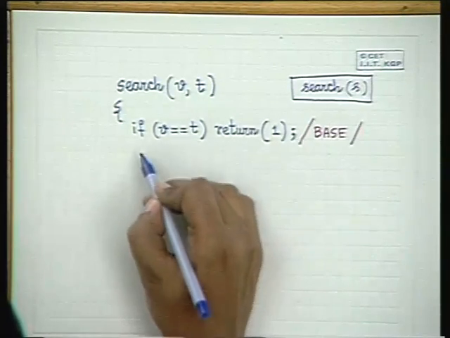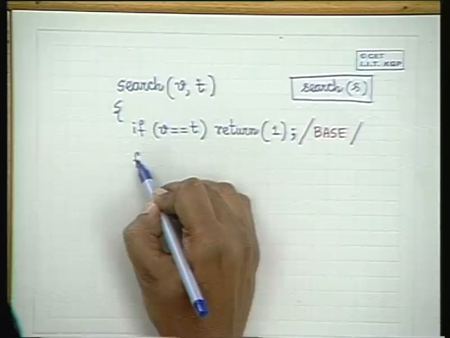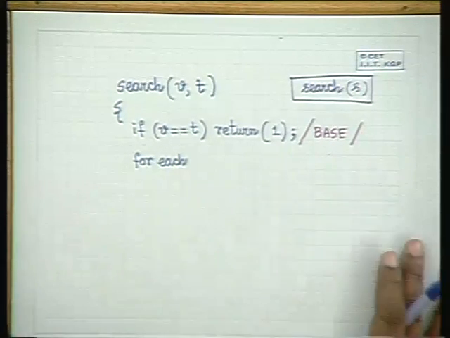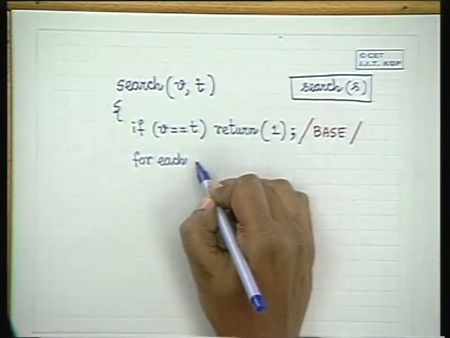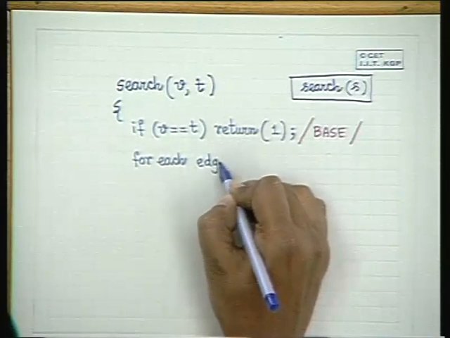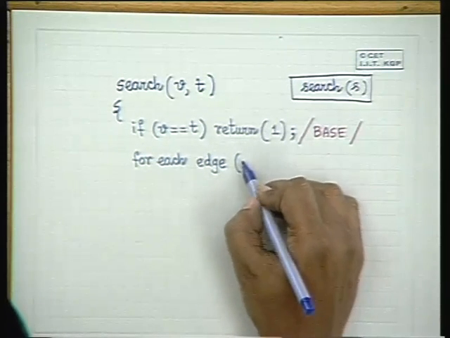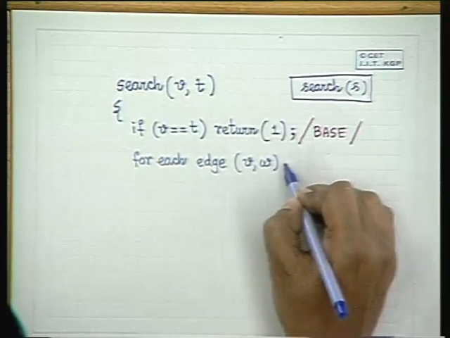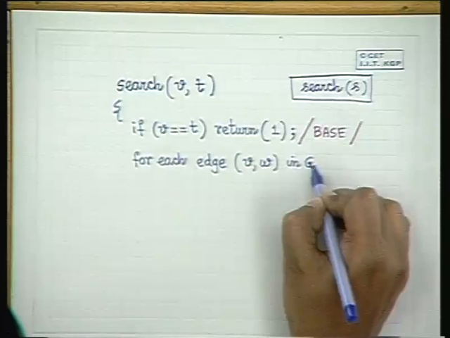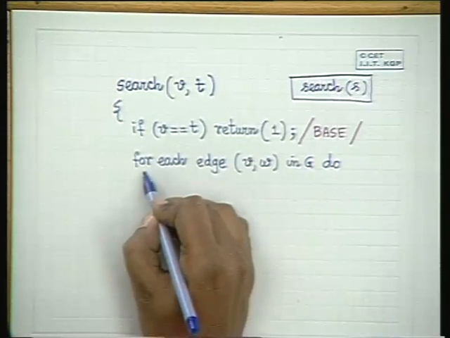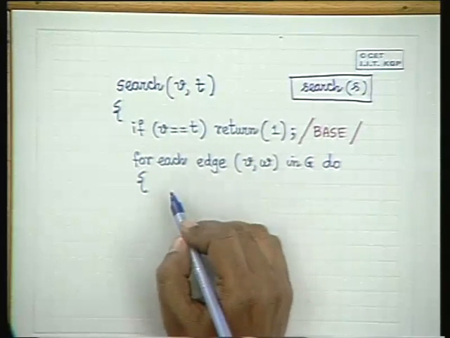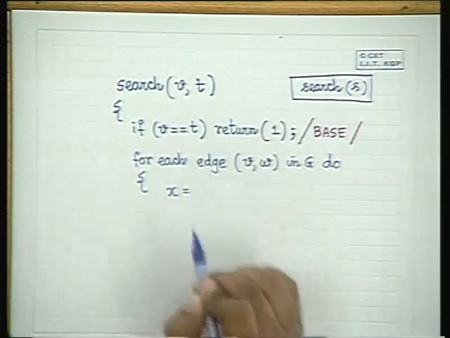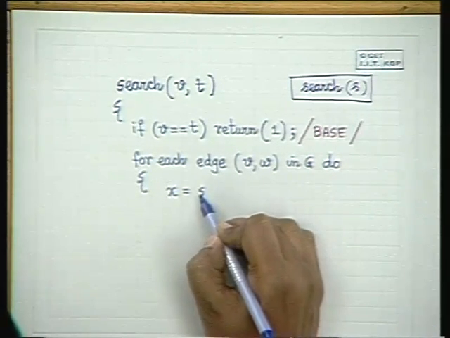If this is not the case, then for each edge v w in G, do x equal to search.